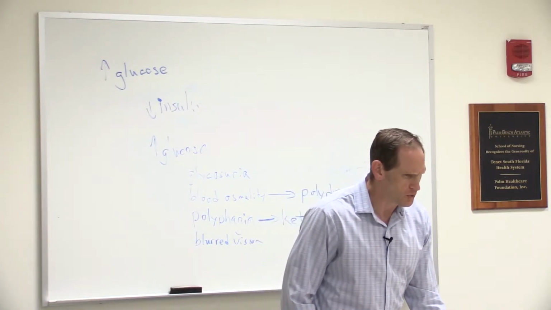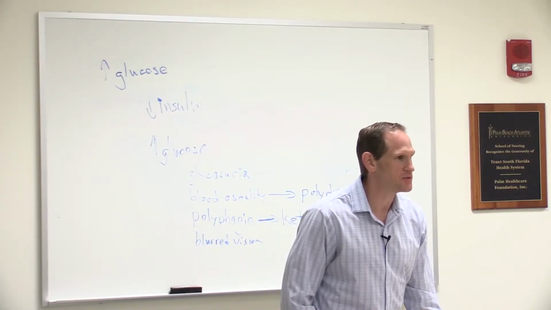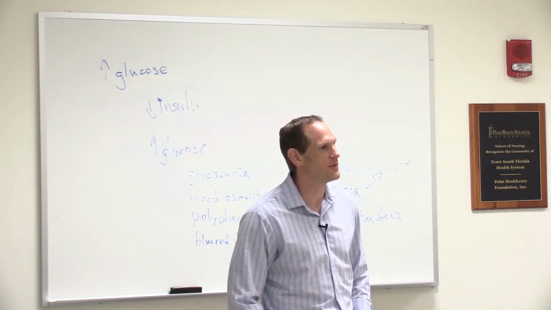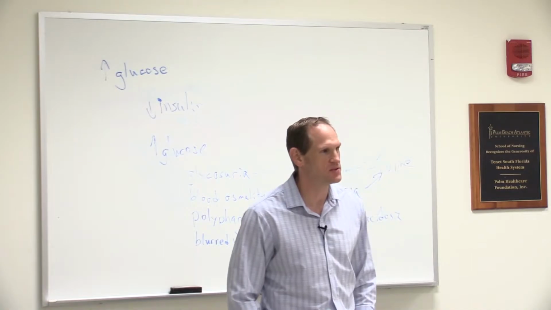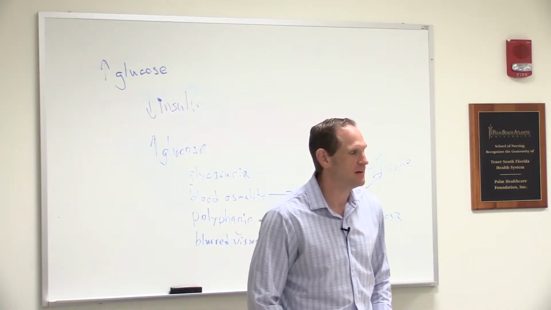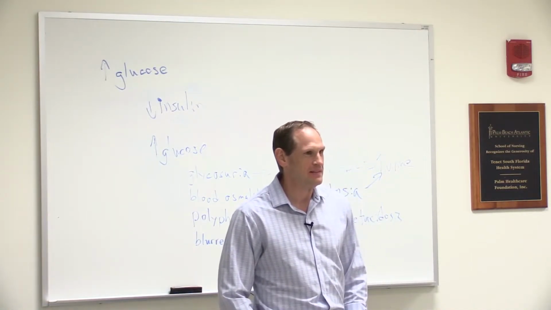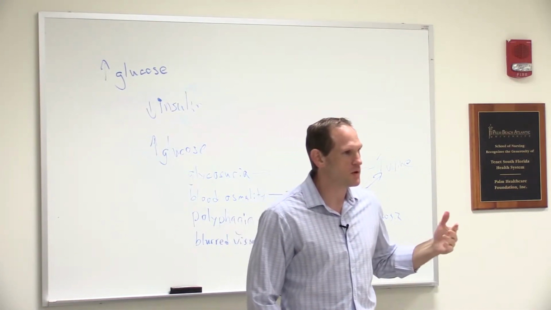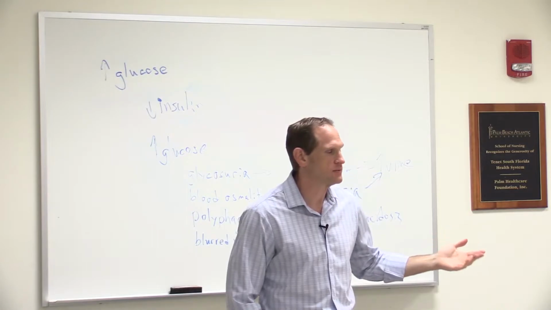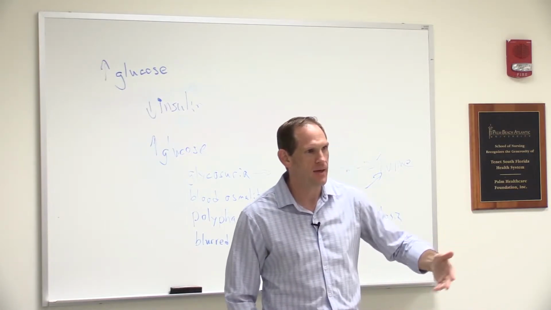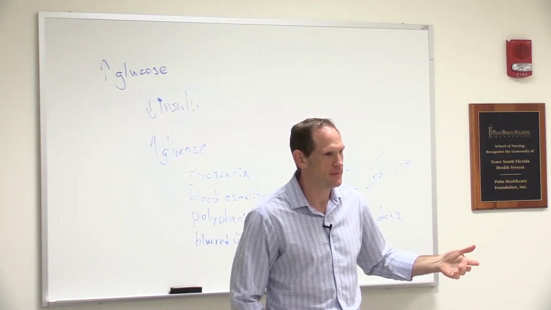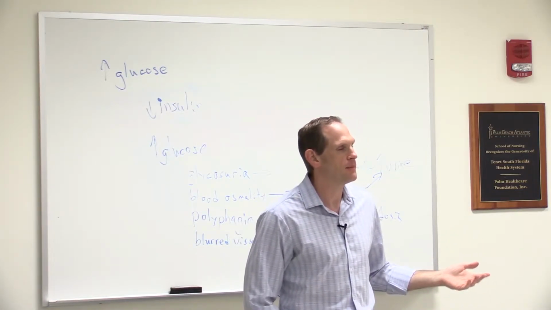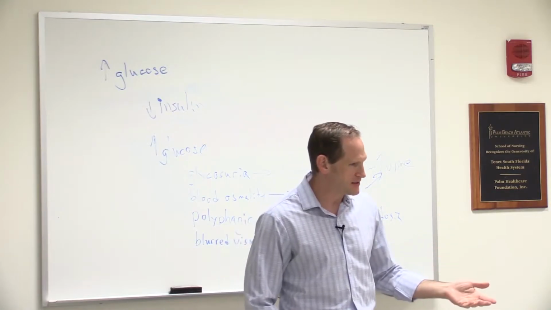So, what do we remember about acidosis? What are the two major causes of acidosis? Respiratory and metabolic. In this case, what would it be? Metabolic. So it's a metabolic acidosis.